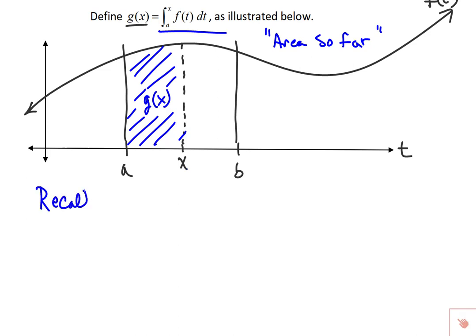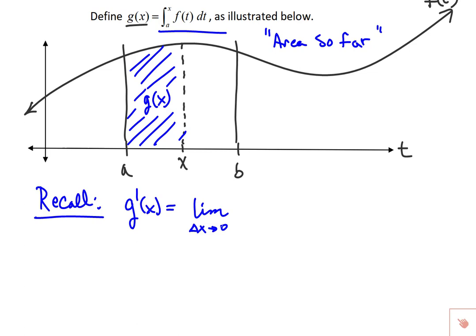Now let's recall the limit definition of a derivative given this g of x function we've now defined above. We could say g prime of x is equal to the limit as delta x approaches 0. Sometimes we use h approaches 0. I'm choosing to use delta x in this context, but it's really the same thing, just some variable.